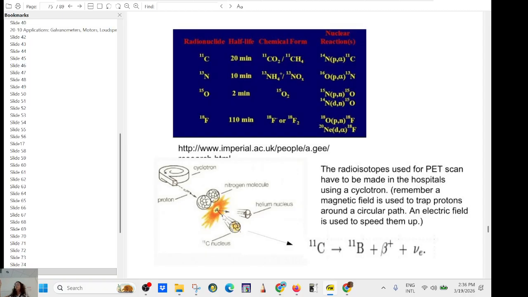Cancer feeds on sugar. So that radioactive isotope mixed with sugar goes to the tumor. Inside there, it will decay and emit a positron. The positron will find an electron inside the person, annihilate it, and it will burst into gamma rays. So with a PET scan, you are highlighted with gamma rays from inside out.